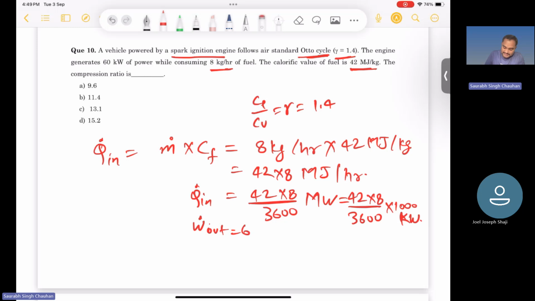So this is the energy input, and the power being produced, or the work output, is 16 kilowatt. So you can find the efficiency. Efficiency will be equal to work output, or the power production rate, divided by energy input rate. From here you can calculate. And for Otto cycle, you know the formula for efficiency.